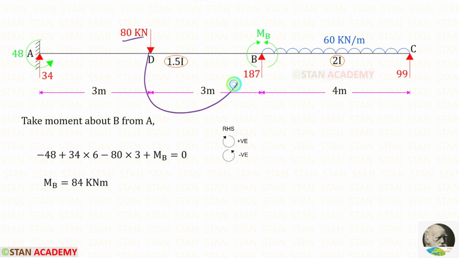This load is acting in the anticlockwise direction so that it will be negative and the distance is 3. About AB, MP is acting in the clockwise direction so that it will be positive. For MP, we will get a positive value. That means our assumption is correct. MP is a hogging moment.